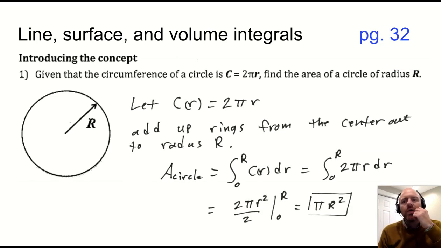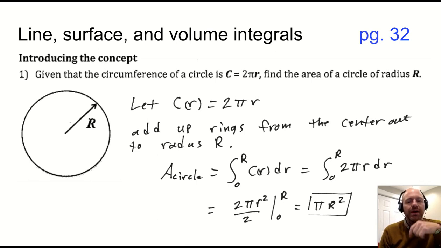If you imagine a circle, a solid disk, it's filled up with an even distribution of matter. We can find the area of this circle by adding up little rings.